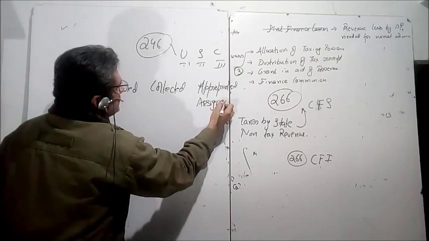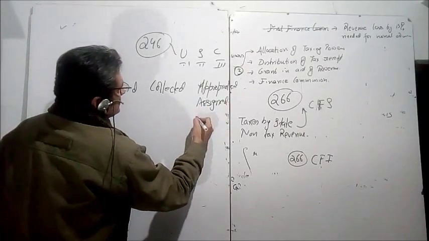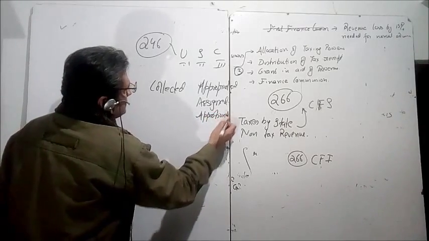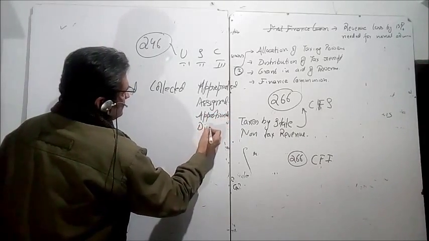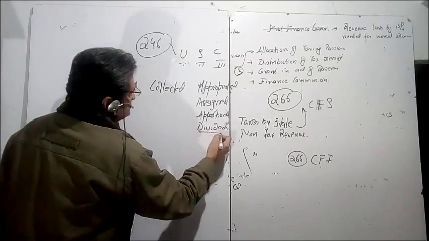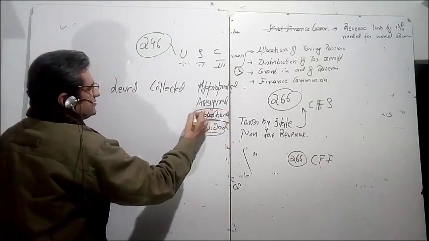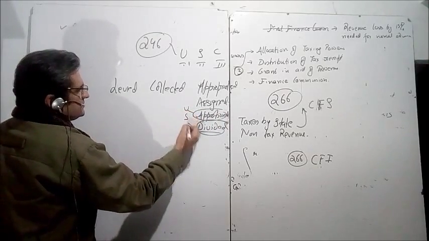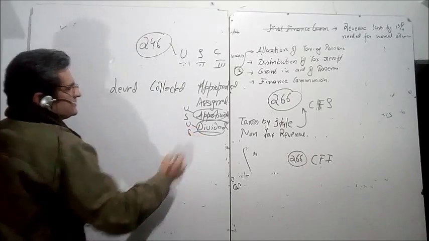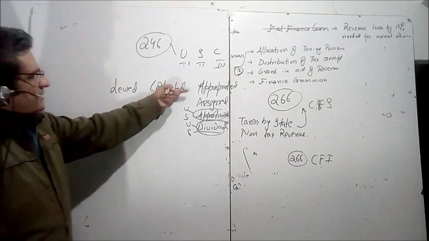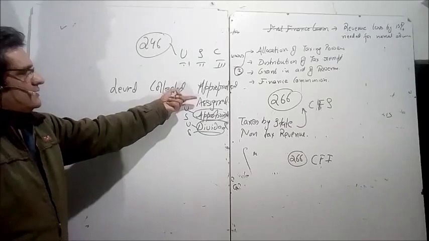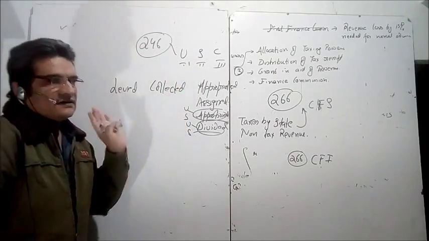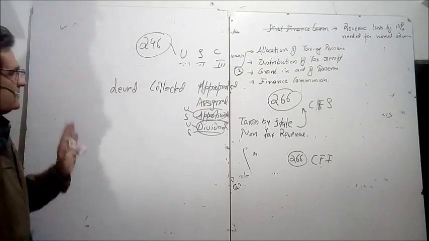These are the words you will find in the Constitution: assigned, then apportioned, and divided. When we talk about apportioned and divided, here it talks about apportionment between union and states, division between union and states. In case of appropriation and assigned, appropriation means it is appropriated by the states, assigned means it is collected by the, let me just go one by one.